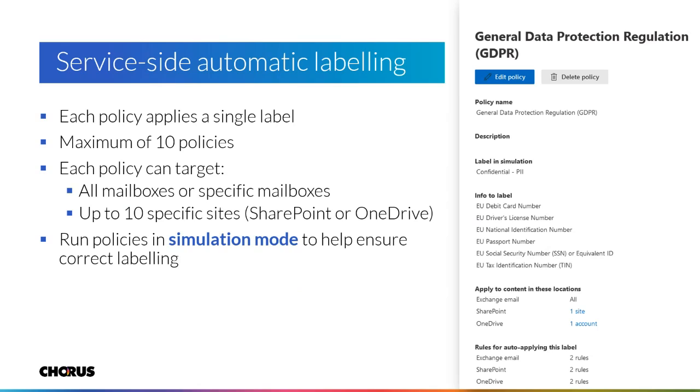You have got the ability to target every single mailbox with these policies if you want to. One important point at the bottom, you can run these policies in simulation mode first to help ensure you're labeling things correctly, which if you're applying protection with labels and locking things down, is going to be quite important.